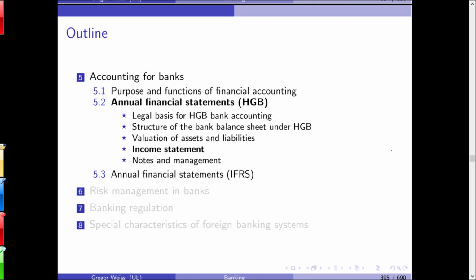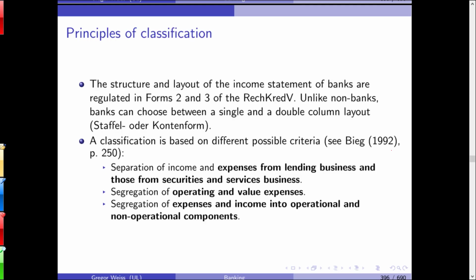Now let's turn to the income statement. What does the income statement look like? The structure and the layout of the income statement are also regulated in this executive order, the Verordnung über die Rechnungslegung der Kreditinstitute, the executive order concerning the accounting of banks and financial institutions.